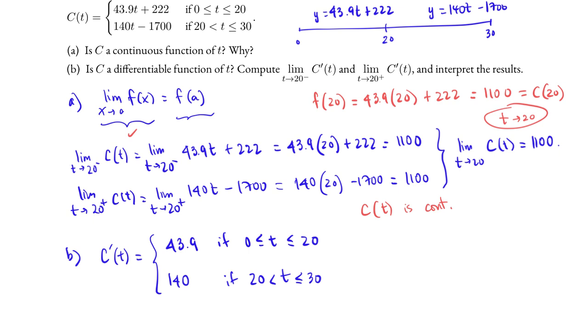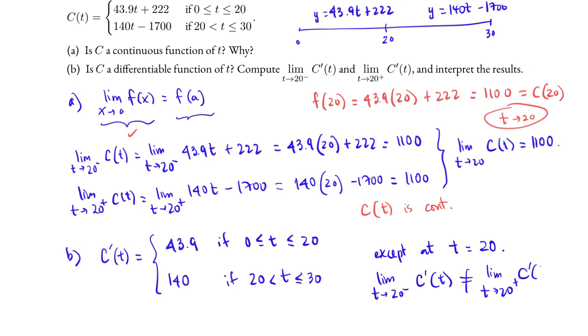And we see that the derivative is not the same at t = 20. So we say that this function is differentiable everywhere except at t = 20. This is because the limit as t goes to 20 from the left-hand side of the derivative is not the same as the limit as t goes to 20 on the right-hand side of the derivative.